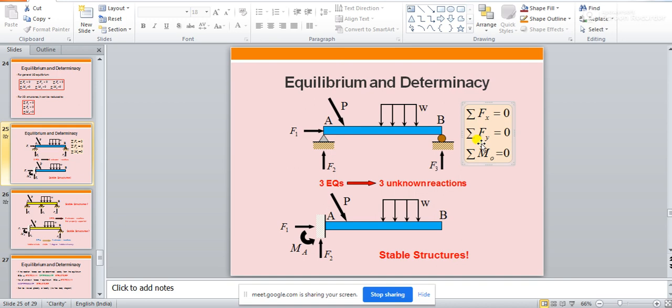If you know the external reactions at the supports of this simply supported beam, you should be able to find the bending moment and shear force in this structure very easily, right? So once you can solve these three unknown reactions, which can be easily obtained from the three equations of equilibrium, you can call this structure a determinate structure. Okay.